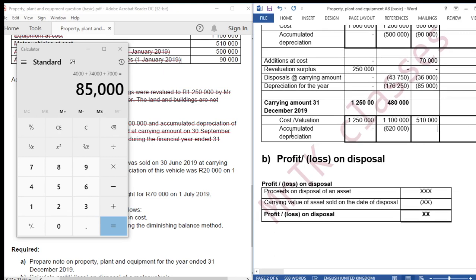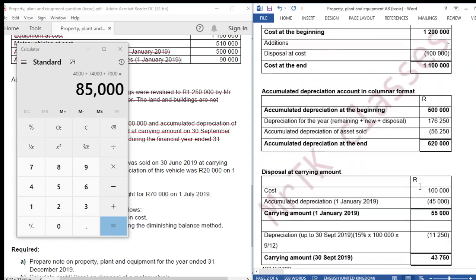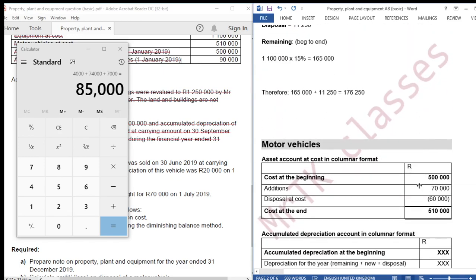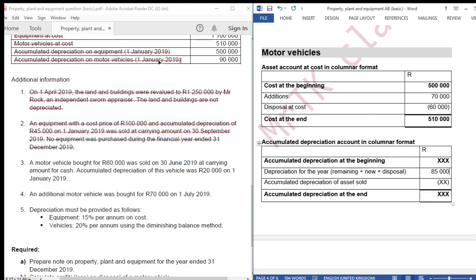So we want to calculate accumulated depreciation at the end. Let us come here. Depreciation for the year, 85,000. Accumulated depreciation at the beginning, 90,000.